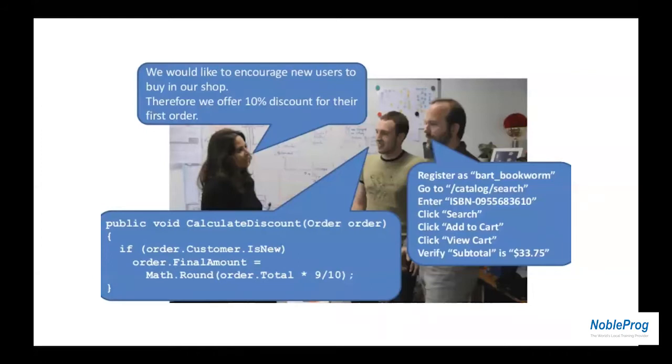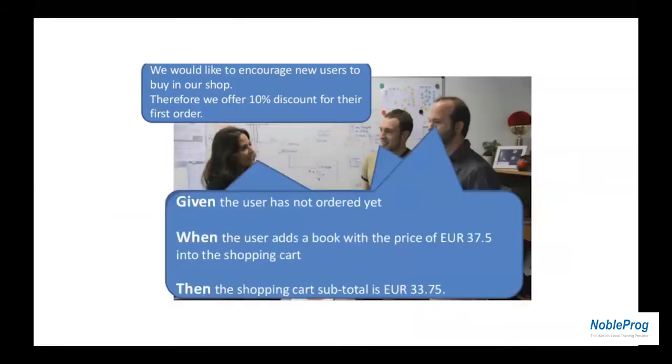This triangle of languages between the business, the developer, and the tester can sometimes result in mismatch, misunderstanding, and complexity. What we'd like to do is get a single language to unify all of those conversations, and we use a BDD kind of language to do that.